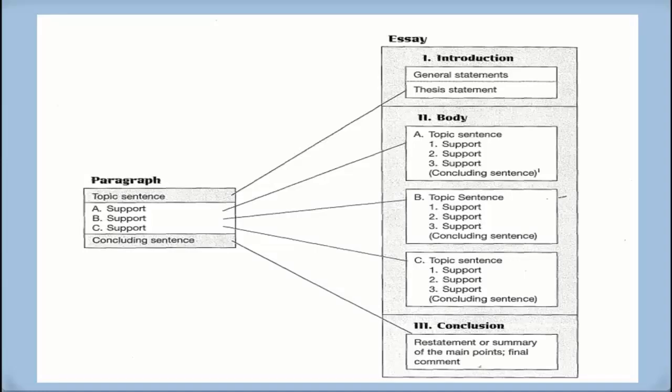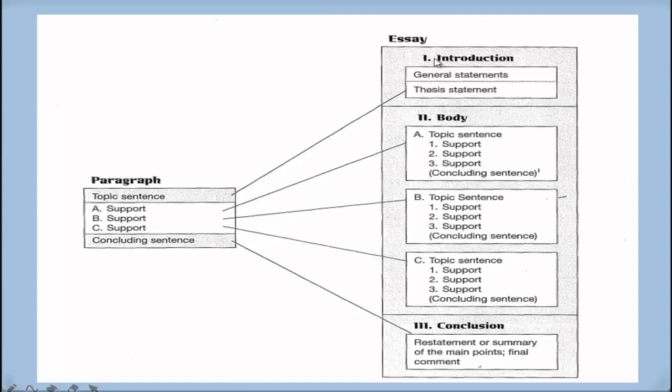Okay, this is also from Oshima and Holt. We can see the difference between a paragraph and an essay. Here we see that a paragraph consists of a topic sentence, supporting details, and a concluding sentence. Meanwhile, in an essay, this is the mini one, and this one is the bigger one.